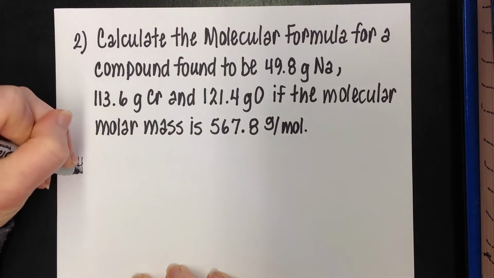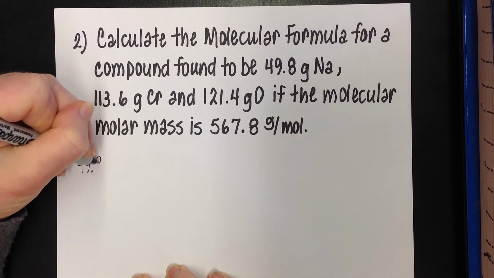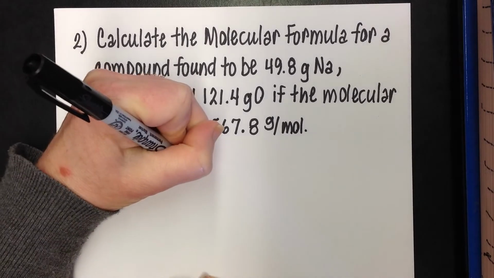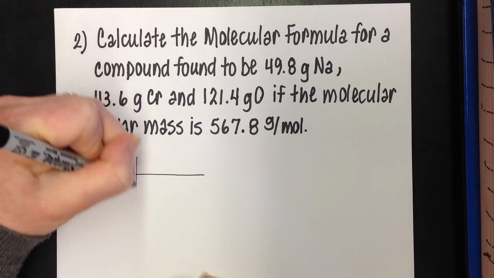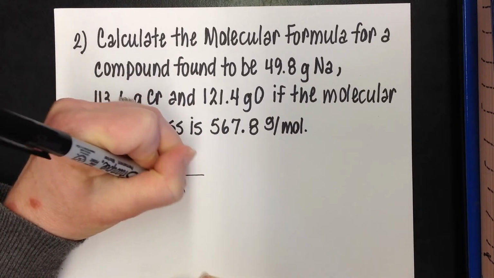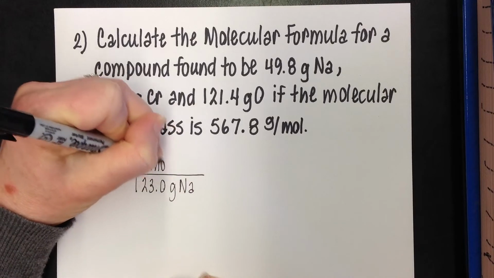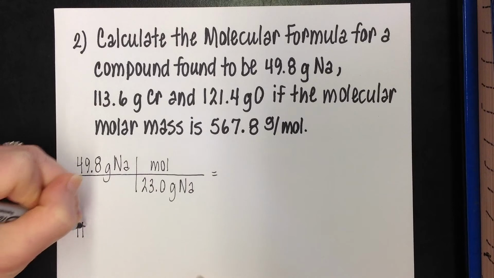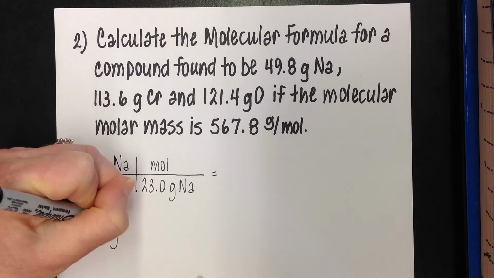So we've got 49.8 grams of sodium. Sodium is 23.0 grams per mole. We have 113.6 grams of chromium.